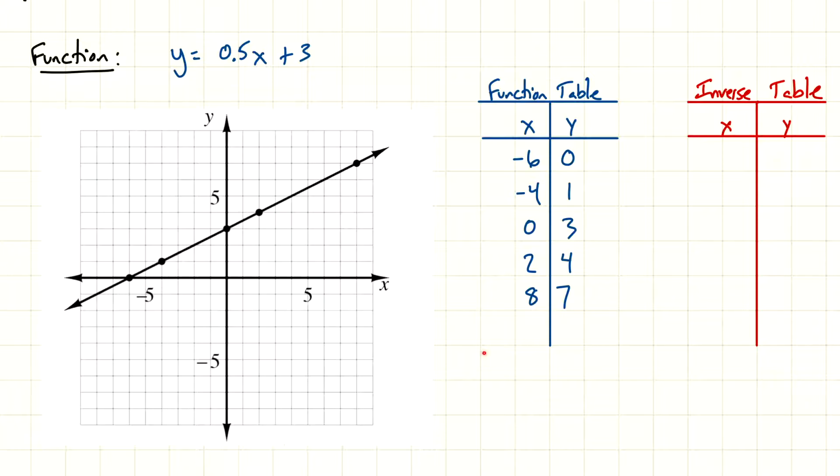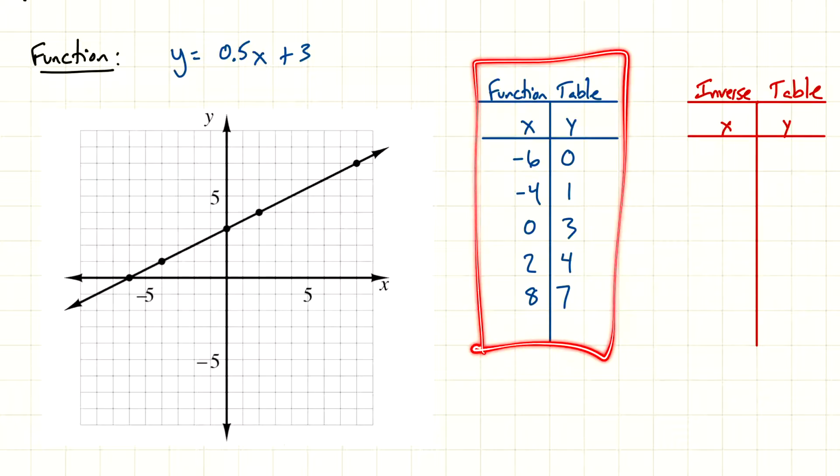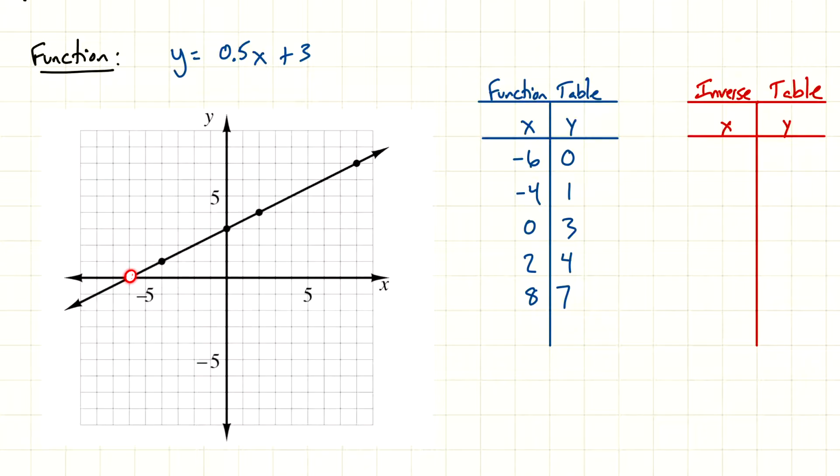All right, so in the function table, what I've done is I listed out all the key points that are in bold on the graph. So (-6, 0), (-4, 1), (0, 3), (2, 4), and (8, 7). There are a lot more points on this line. I'm only focusing on these 5 because those are some good key points.